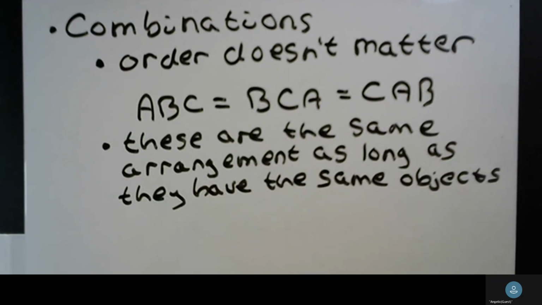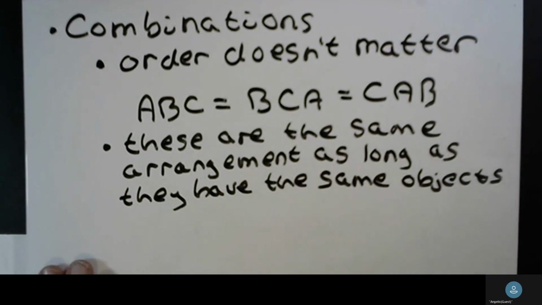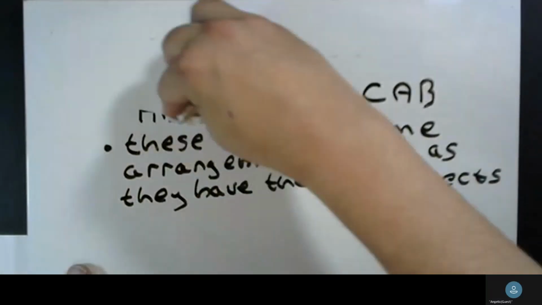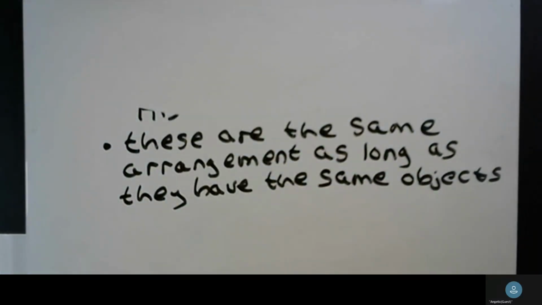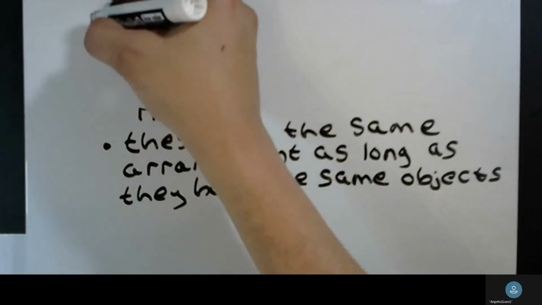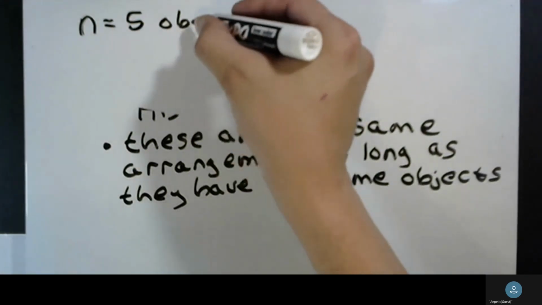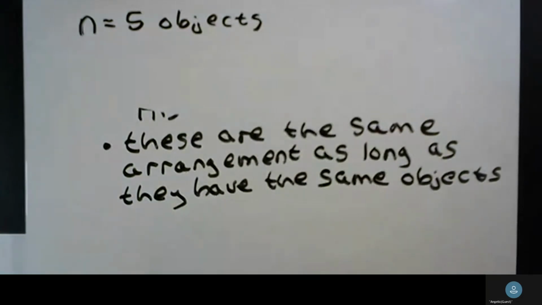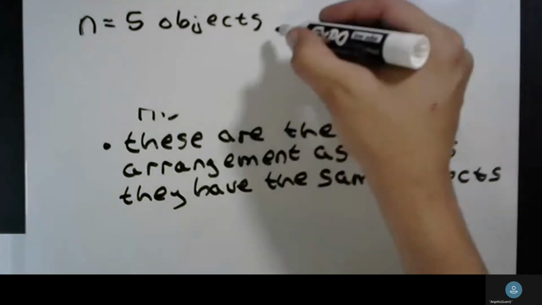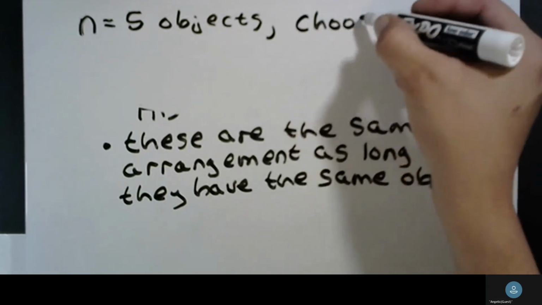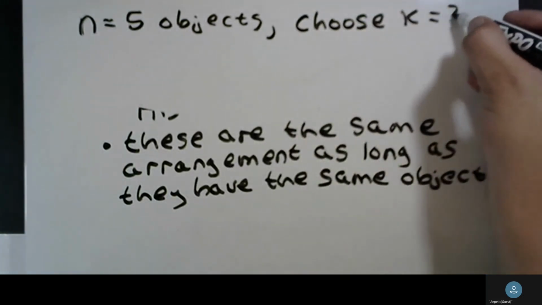So let's do an example. Let's say we have n equals 5 objects, and then we choose k equals 3.